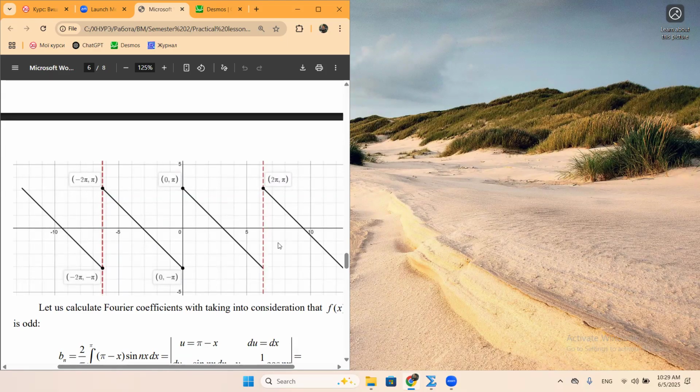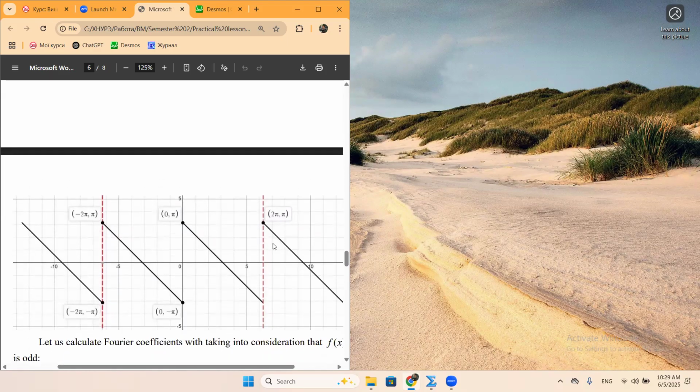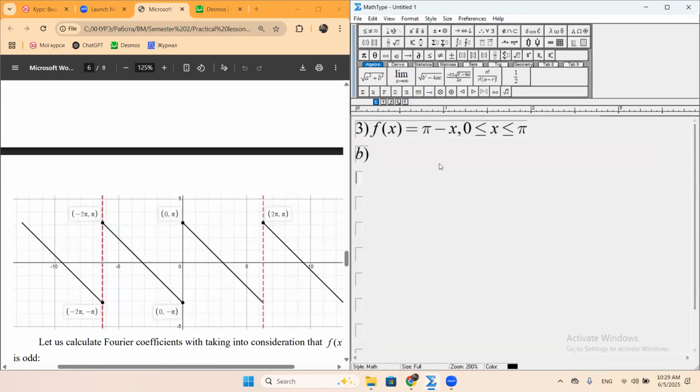So let's calculate Fourier coefficients for these terms. How will it be calculated? a0 and an will be equal to 0, and we will calculate only bn.